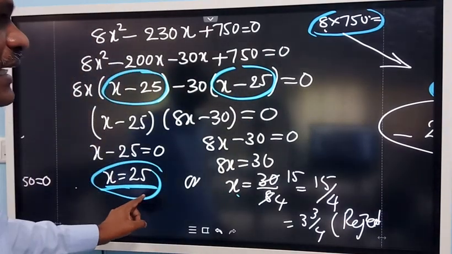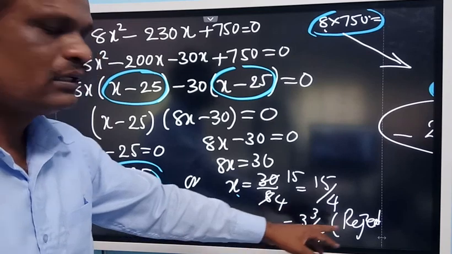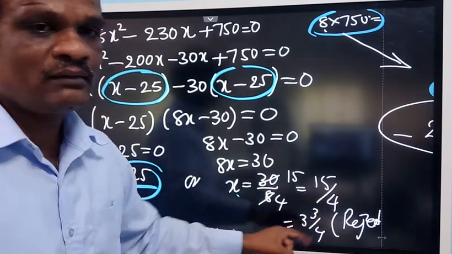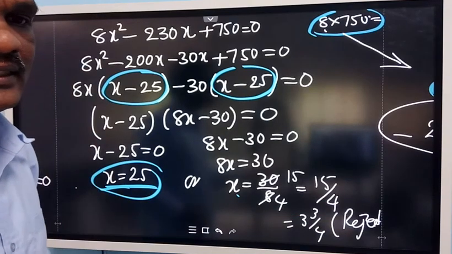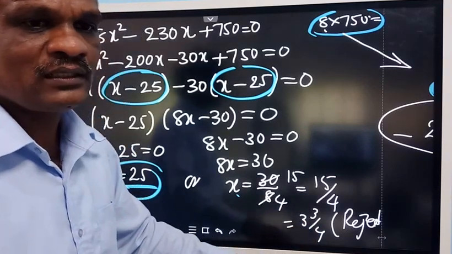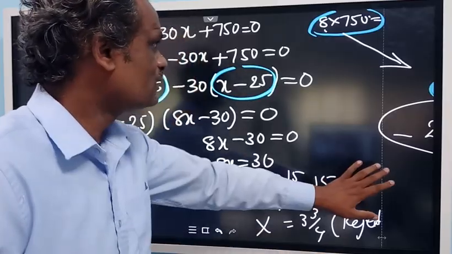So you can accept 25, a positive value. This is the time taken by the smaller tap. Go back to the question: the larger tap takes 10 hours less. Subtracting 10 hours from 15 by 4, you will get a negative answer. Therefore, you cannot accept the second one. So what is the answer now?